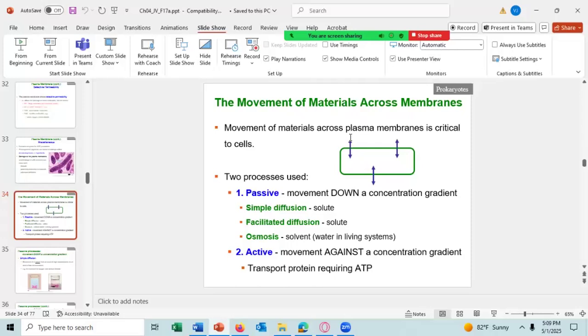And it can use an active process, moving the molecule against its concentration gradient. It does require a transport protein in the cell membrane, and it does require the cell to spend one ATP molecule per molecule of glucose that is moved inside the cell. Any question about any of that?